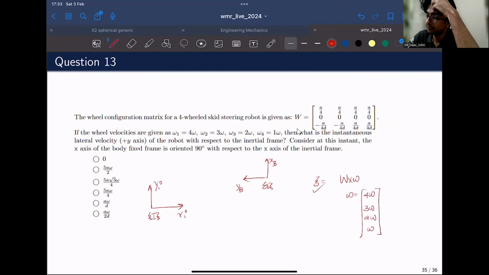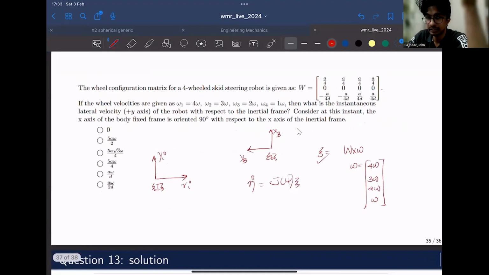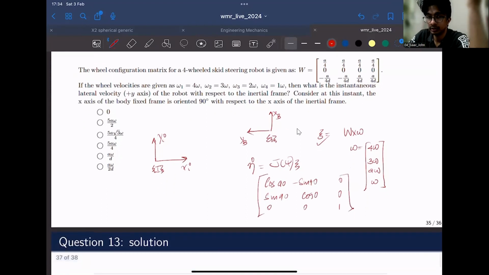In the first lecture, first week, you might have come across the transformation between the inertial frame of reference and the body frame of reference. Use this transformation, eta dot as J of psi times zeta. And J is nothing but the rotation matrix: cos 90, minus sin 90, 0; sin 90, cos 90, 0; then 0, 0, 1.